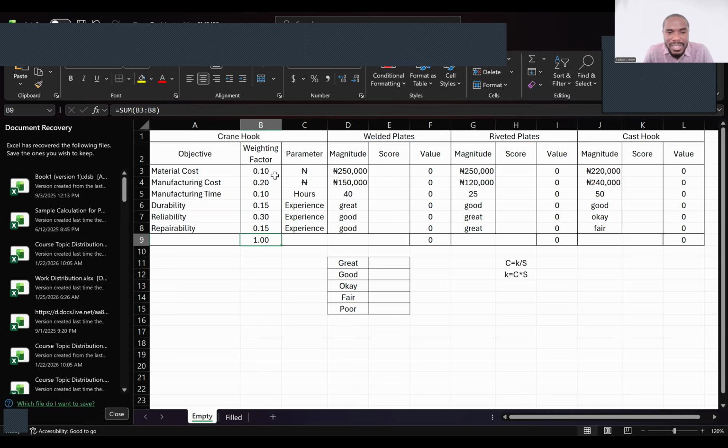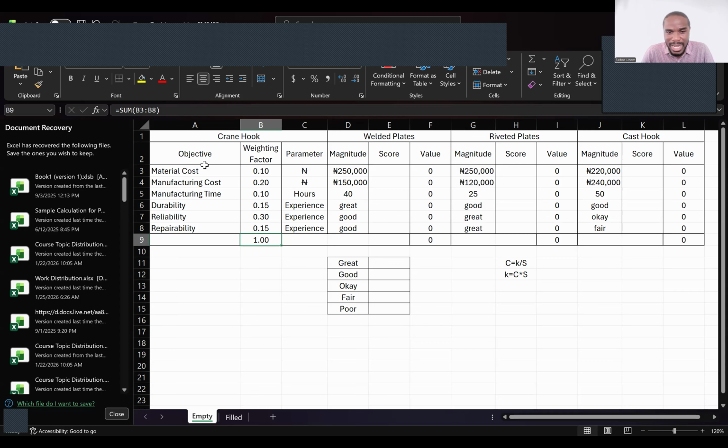When you look at this weighting factor, which of these objectives is most important to him? Reliability, right? Because it's taking 30% of the whole weighting factor. The guy is more concerned about reliability. I want this thing to perform exactly the same way every time. That's important to me. I don't want to compromise it. So 0.3.